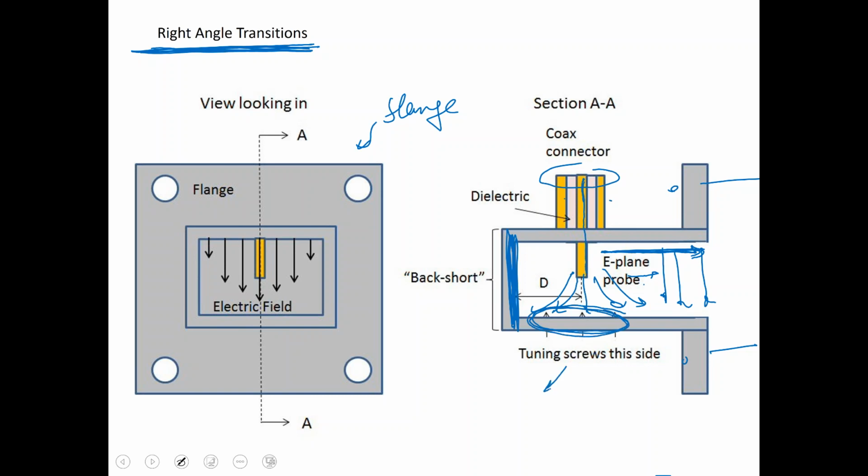But they are effectively acting like a matching circuit. The way you did matching in your transmission lines, these screws are effectively acting like a matching circuit for your coax cable waveguide, so that there's not much reflection going back into the coax cable.